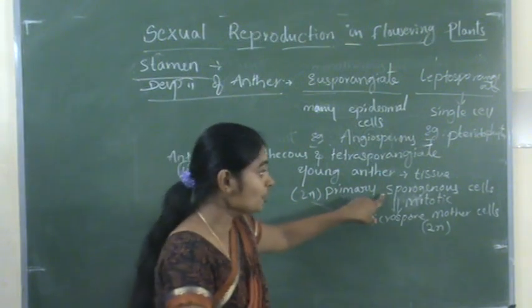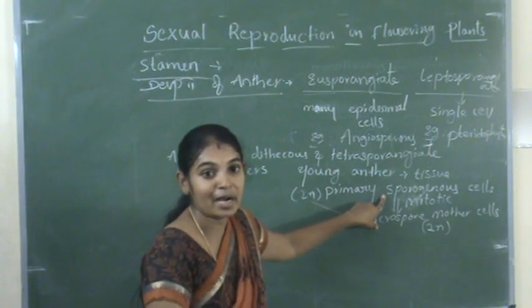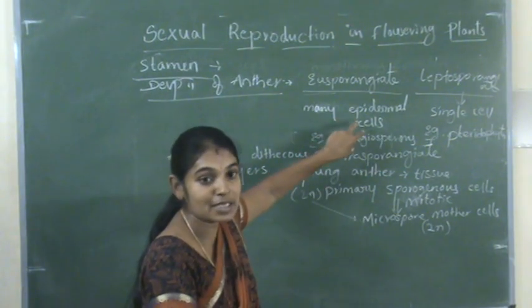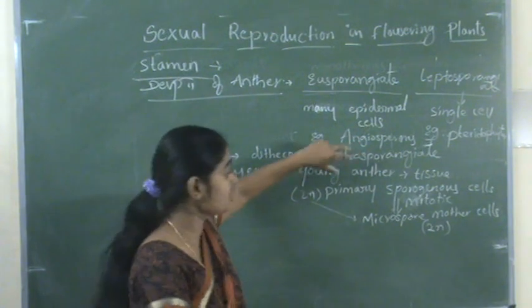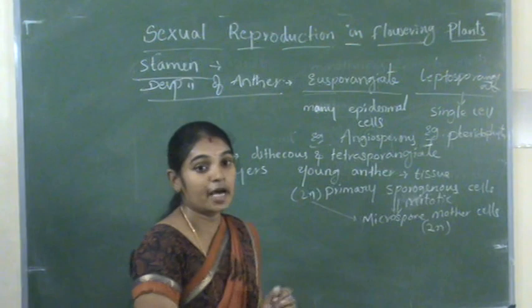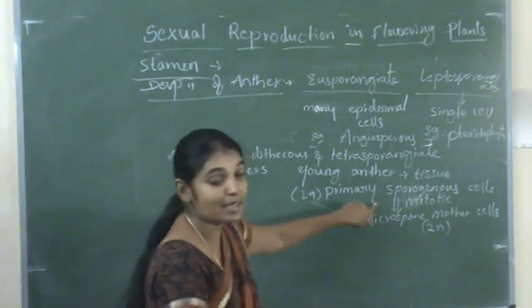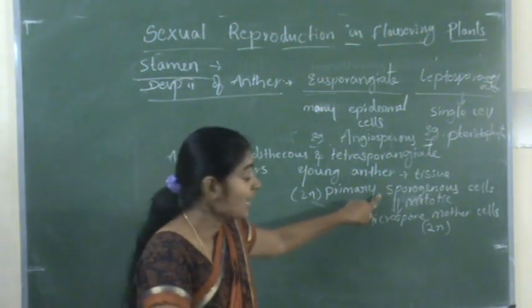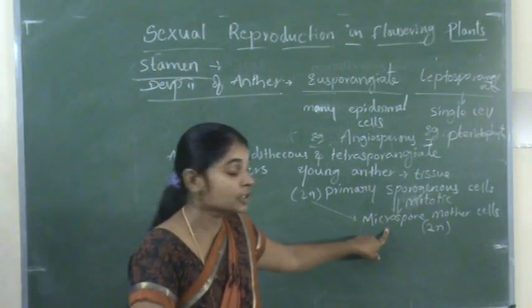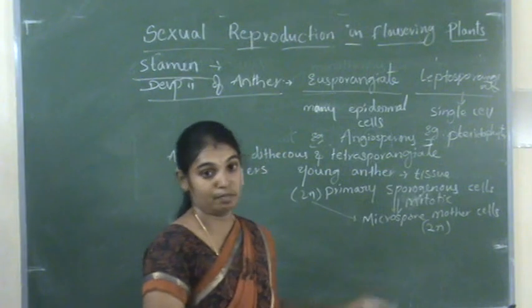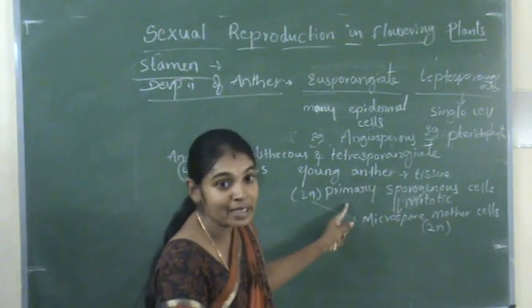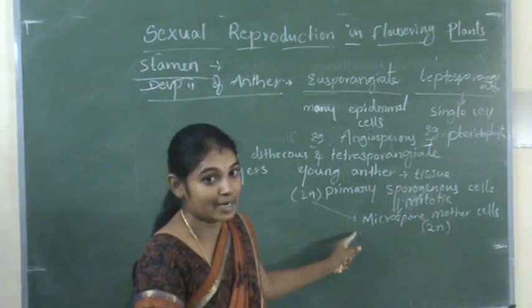These primary sporogenous cells are present in the microsporangium. There are 4 microsporangia, and in each microsporangium these primary sporogenous cells are present, which are actually the meristematic tissue, and from which microspore mother cells are formed by mitotic cell division, and both are diploid.